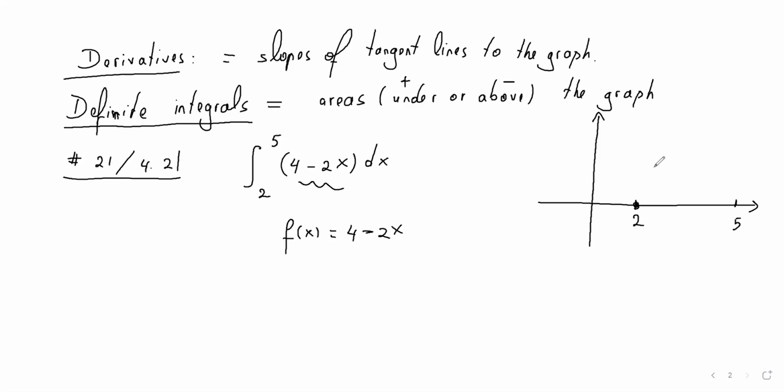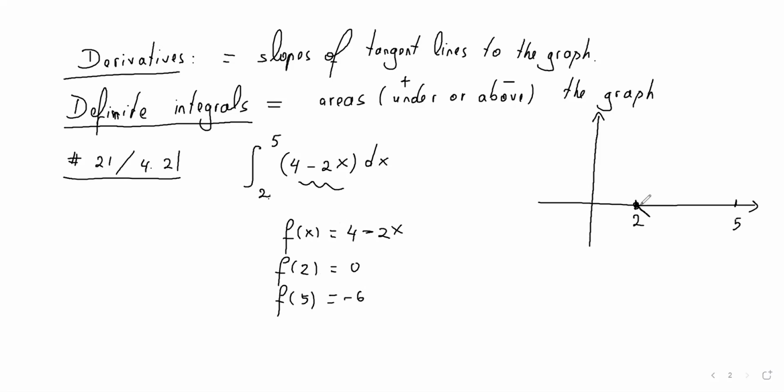And when x is 5, f of 5, because we look at 2 and 5, these are the bounds, is equal to 4 minus 2 times 5. 4 minus 10 is negative 6.